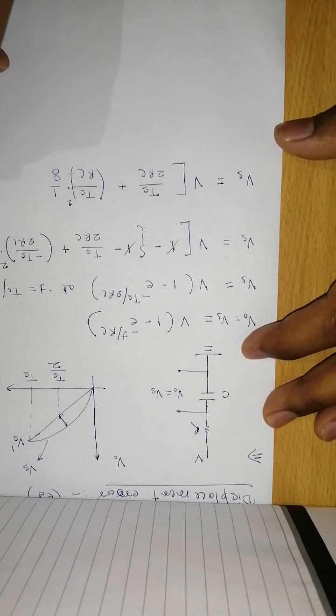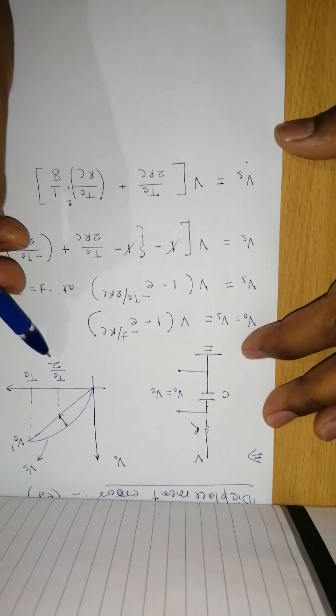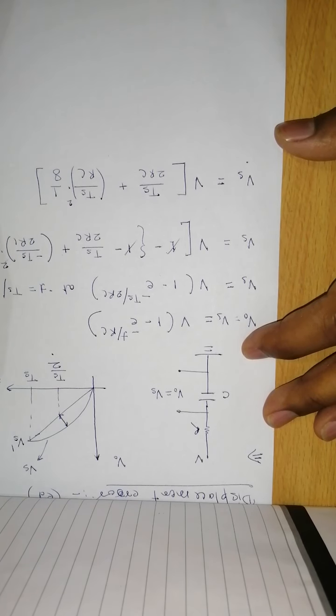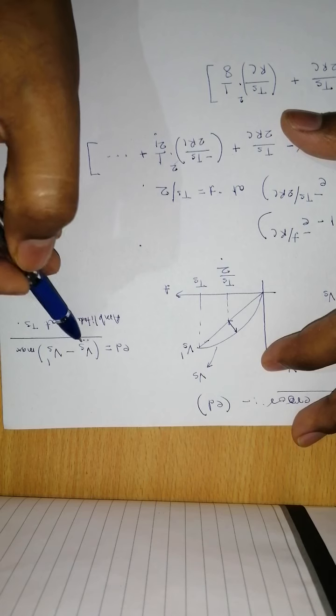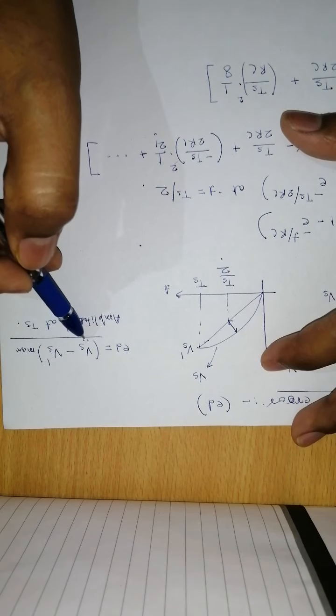I am neglecting the further terms. So this is what V is at Ts by 2. We calculated this because we get the maximum difference at this instant only.